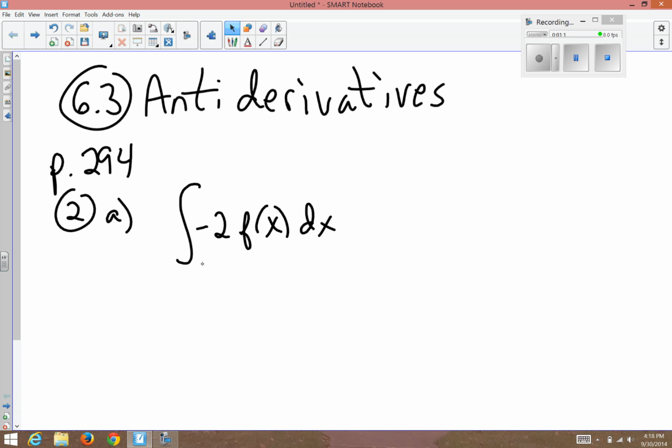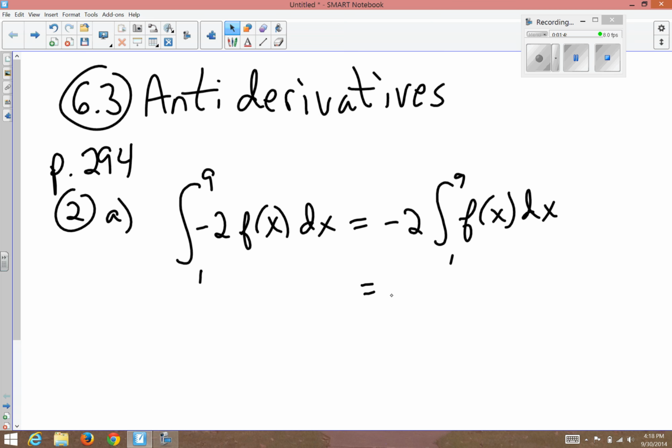One of the rules for definite integrals is when a constant is multiplied to the function, in this case -2 times f of x, we will always move the constant, in this case -2, to the left of the integral symbol. So that's one of the rules on your sheet. The -2 constant multiple moves out to the left of the integral sign.